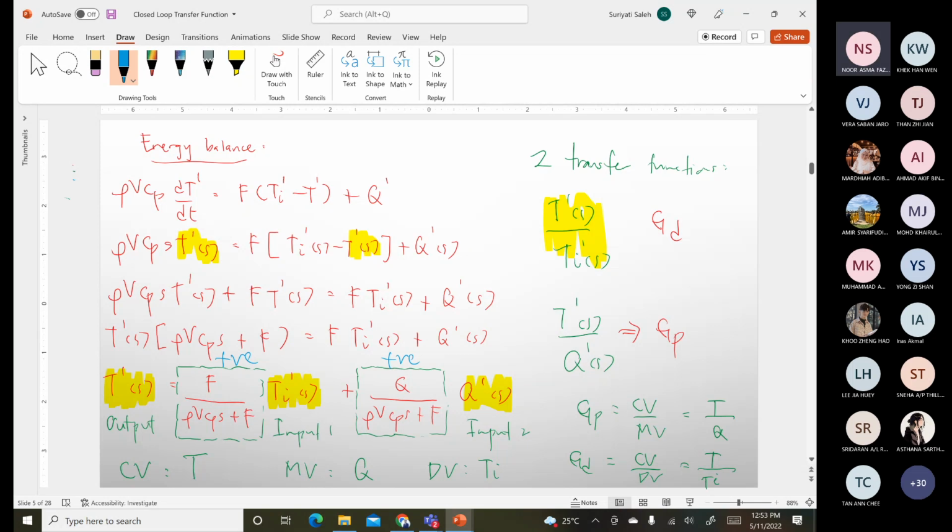Because you cannot have a negative flow rate, you cannot have negative density, volume, or heat capacity. So you will get a positive value. So this is positive, and this is also positive. So this contributes to the positive GD and positive GP.